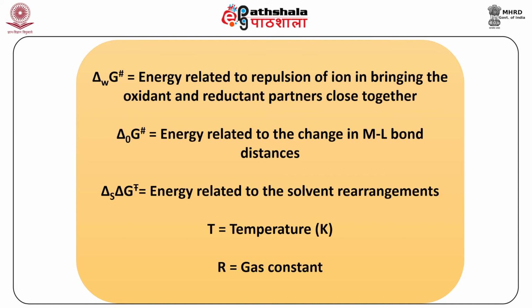Now, delta Wg is the energy related to repulsion of ions in bringing the oxidant and the reductant partners close together. Since the oxidant and reductant species are distant, the energy required to bring them closer is denoted by delta Wg, while delta Og is the energy related to the change in the metal-ligand bond lengths. Adjusting the metal-ligand bond length needs some energy, and that is denoted by delta Og.